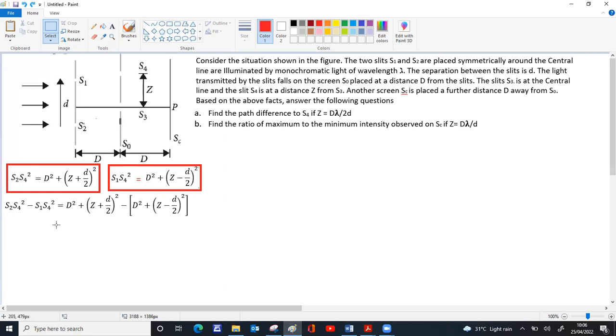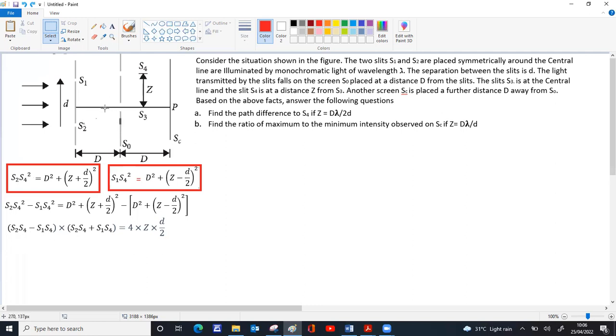So 4 Z into d by 2. Here you can split a square minus b square as a plus b into a minus b. S2, S4 minus S1, S4 into S2, S4 plus S1, S4 equal to 4 into Z into d by 2. 4 and 2 will go, 2 will come. Take this to the right side, S2, S4 plus S1, S4.